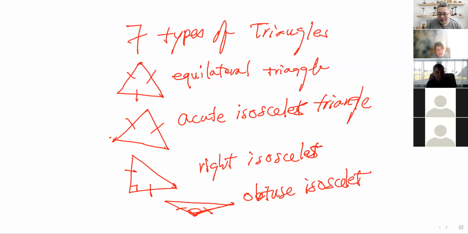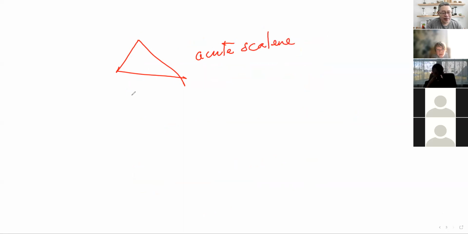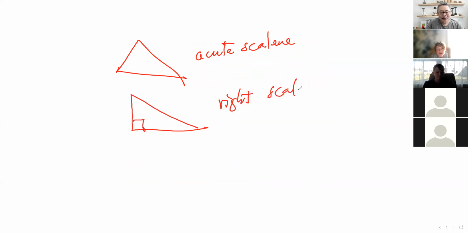And then we also have three kinds dealing with scalene. They have different side lengths. So this is acute scalene. Then we have right scalene. We've got that. Right scalene.